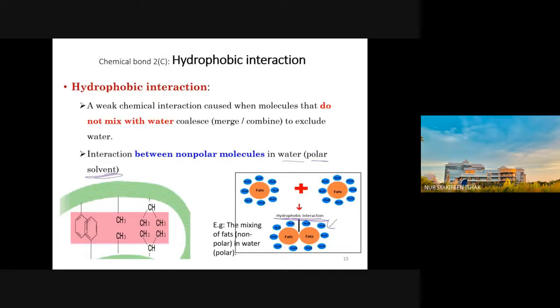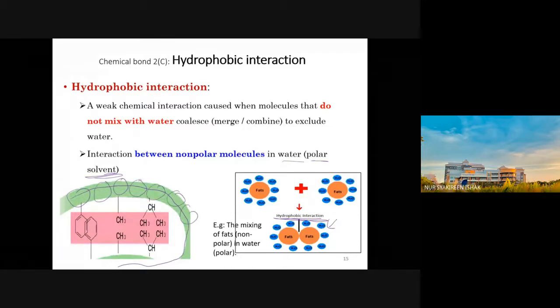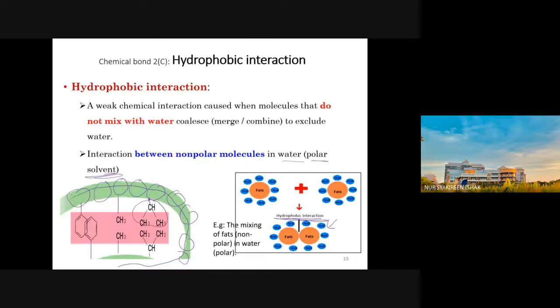In this diagram, it shows you a portion of a protein. Protein, as you know, is made up of amino acids. Each amino acid will have an R group or side chain. In this case, this amino acid has a hydrophobic region as its side chain, composed of carbon and hydrogen, so it has a non-polar side chain.